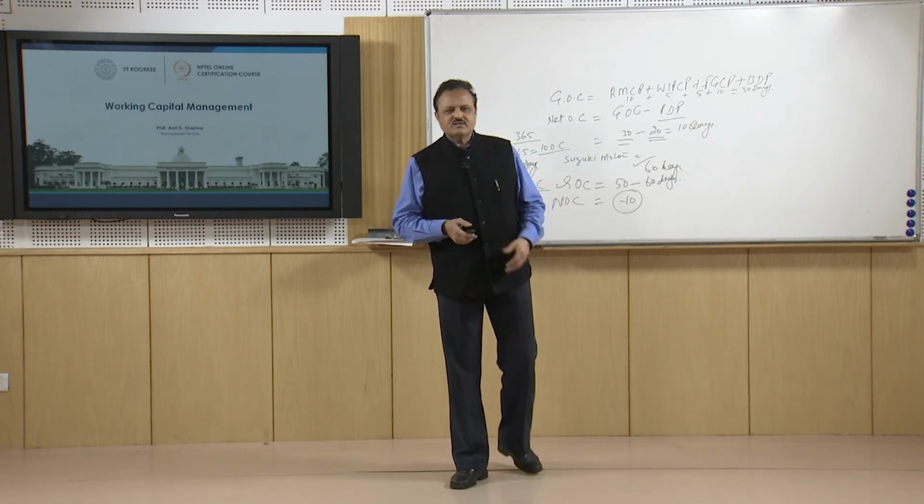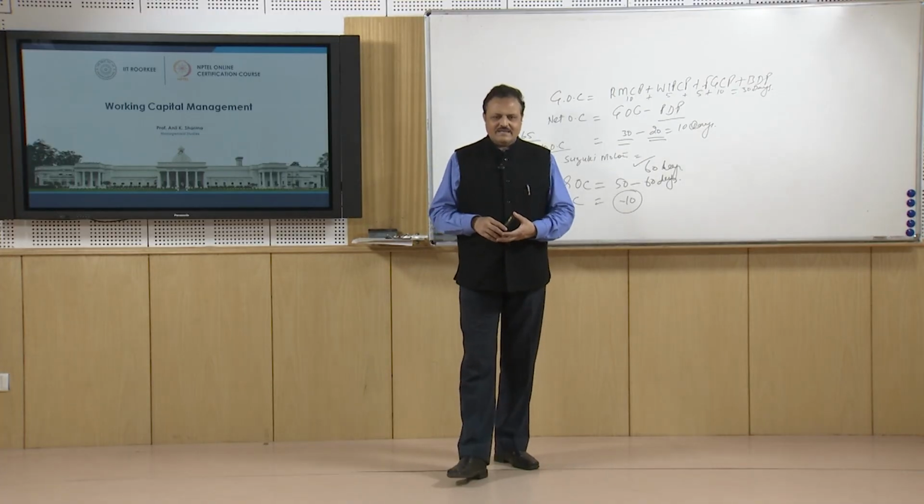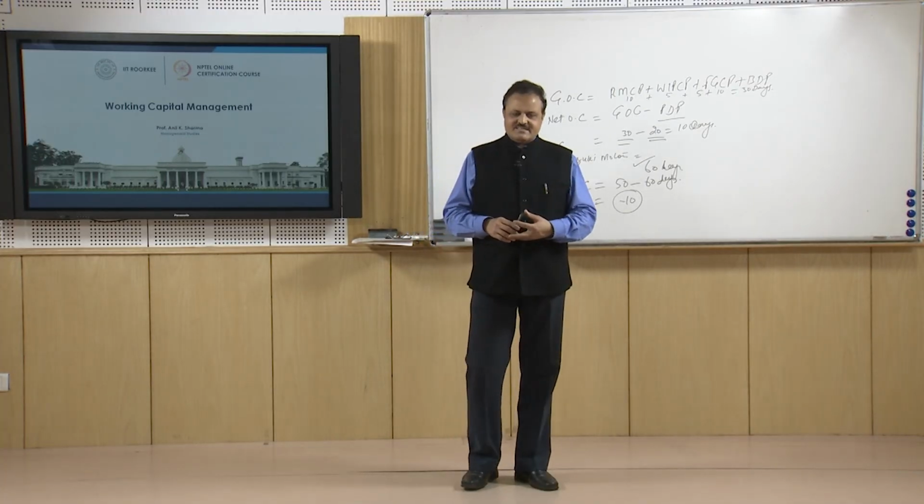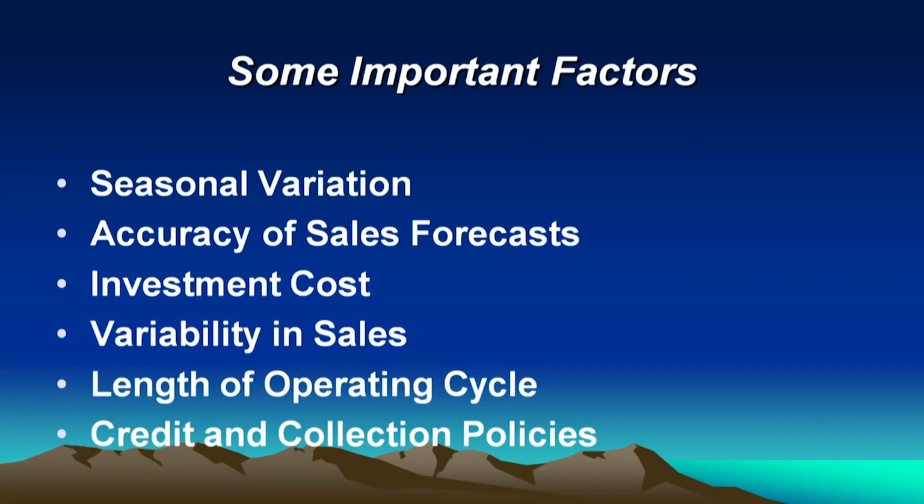So, some factors which have to be borne in mind are the seasonal variations, accuracy of sales forecast, investment cost, variability in sales, length of operating cycle, and credit and collection policies. These are some important factors affecting the length of the operating cycle.